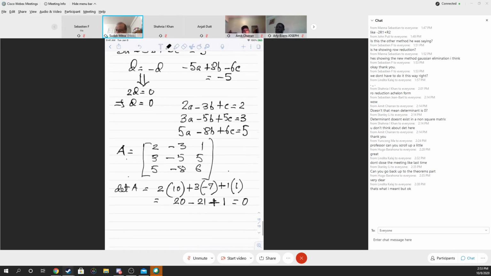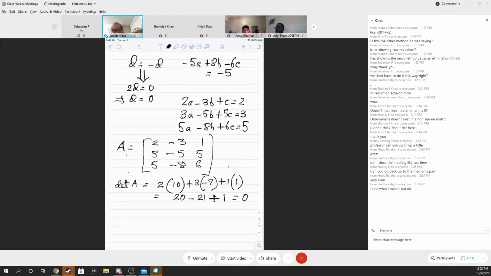The determinant is 0. Isn't it? Can we just check it? That's fine. 2 times minus 30 minus 40. That's right. Plus minus 3, 18 minus 25. Yes.